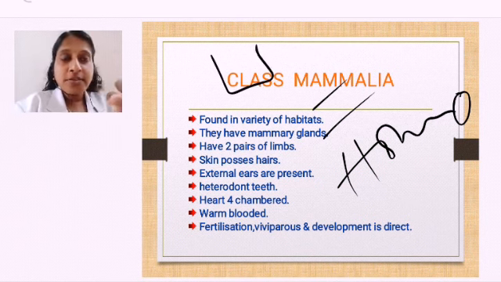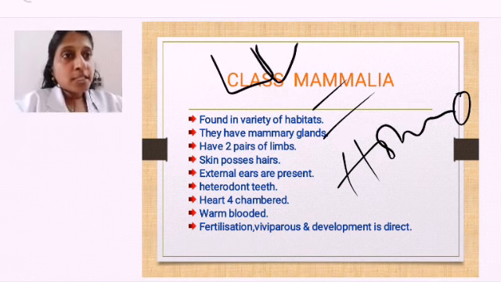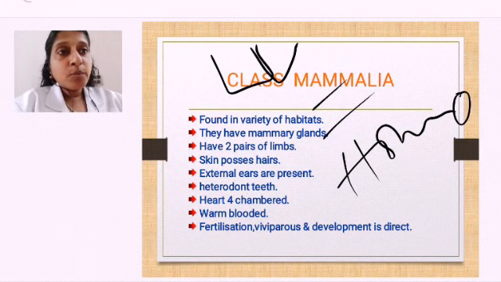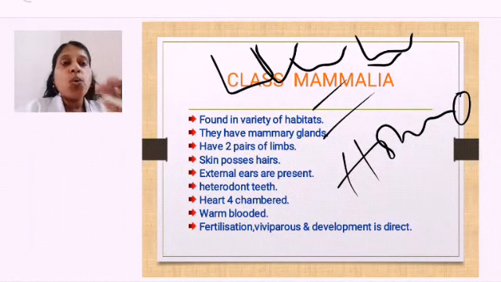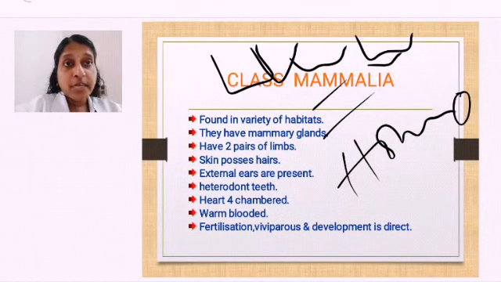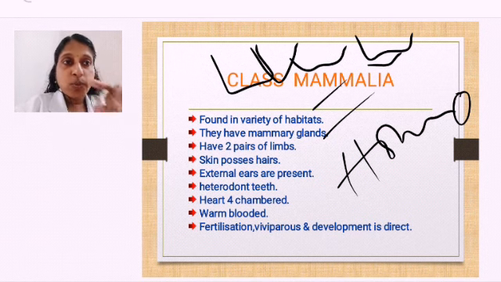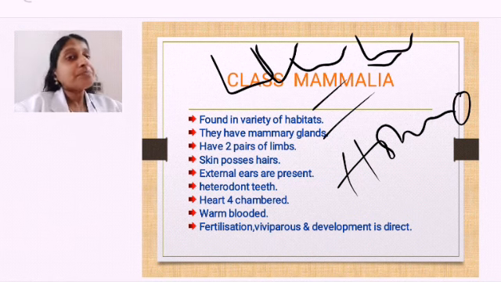Incisors will be like this, right? Canines will be somewhat sharp. Premolars will be like this, and molars will be like this. So they have different shapes, that is heterodont. Four-chambered heart, two auricles, two ventricles. And warm-blooded, we have to maintain a constant body temperature; we cannot change it based on the surroundings.